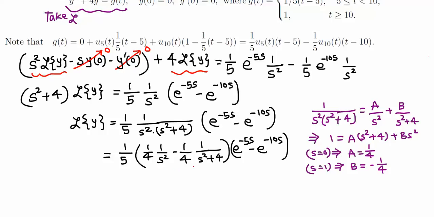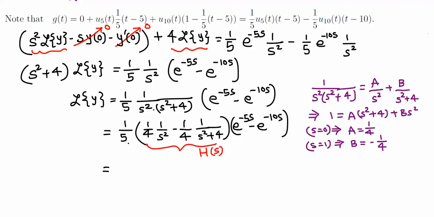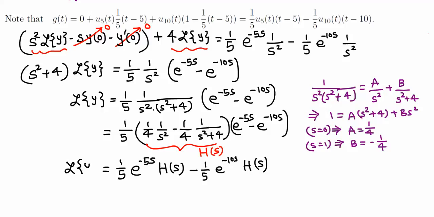Let's say this is H(s). Then now I can distribute this easily, and this is 1/5 e to the negative 5s H(s) minus 1/5 e to the negative 10s H(s). That's the Laplace of y.